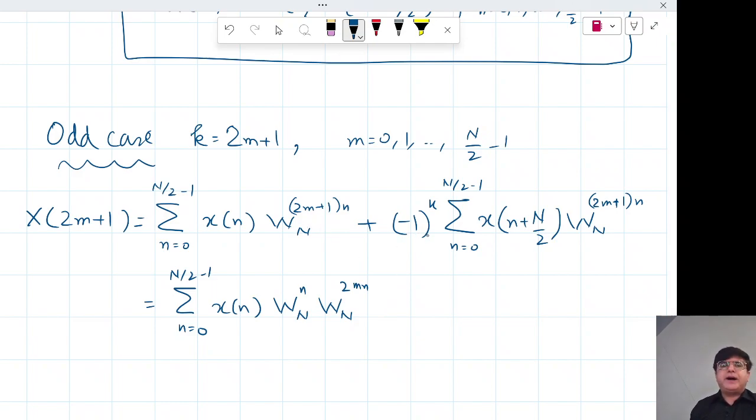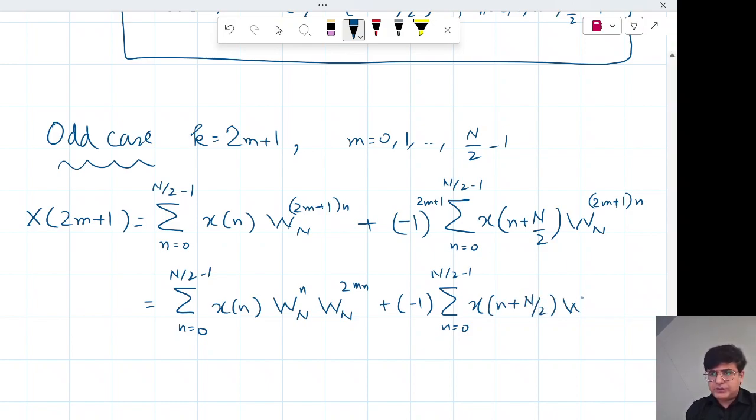And minus 1 to the power k when k is odd, which is just 2m plus 1, is always minus 1. So this is just plus or minus 1, right? And then you have n goes from 0 till N/2 minus 1, x of n plus big N over 2, then w subscript N to the power n again, and w subscript N to the power 2mn.